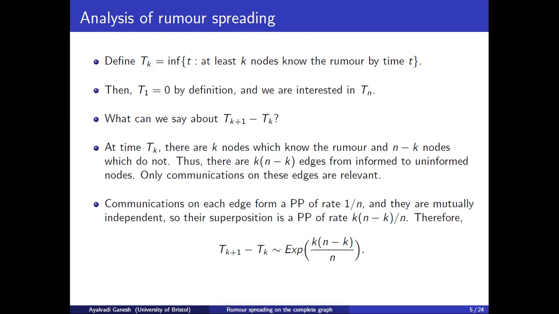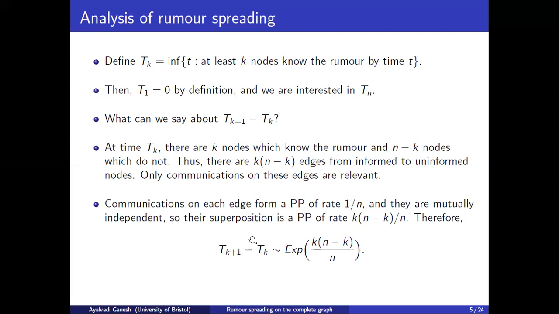So the aggregate is a Poisson process of rate 1 over n added with itself this many times, so of total rate k times n minus k over n, right? So that's the aggregate process of times at which this set communicates with that set. And as soon as the first such communication happens, one more vertex learns the Rumour.